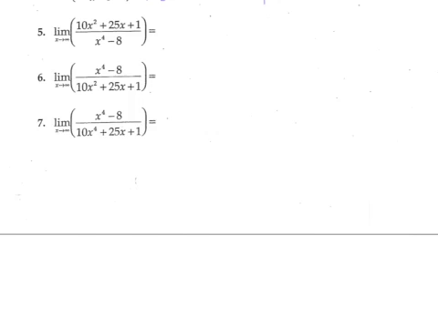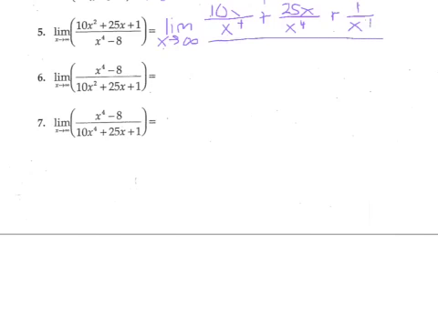So we have the limit as x approaches infinity of 10x squared over x to the 4th plus 25x over x to the 4th plus 1 over x to the 4th all over x to the 4th over x to the 4th minus 8 over x to the 4th.